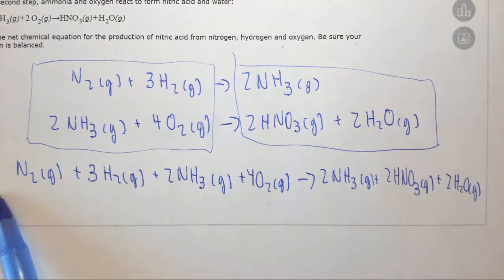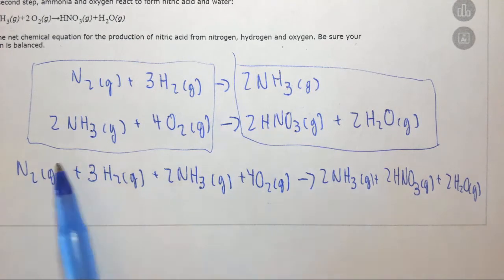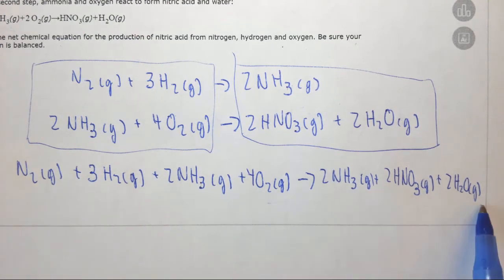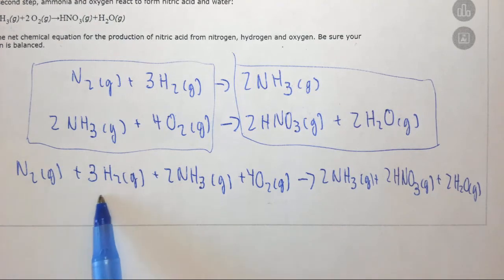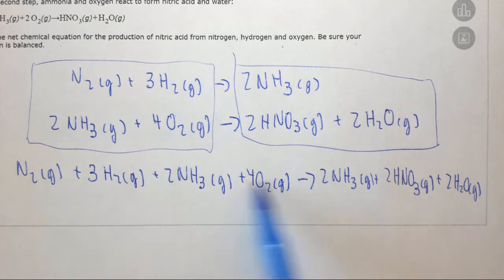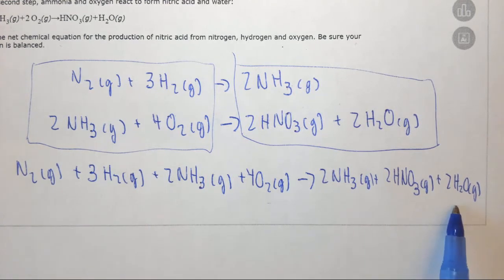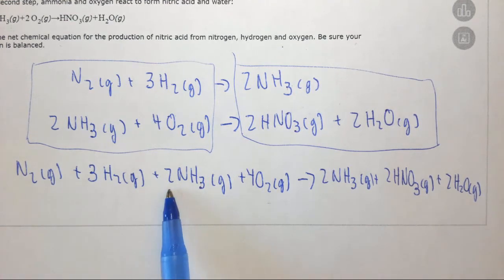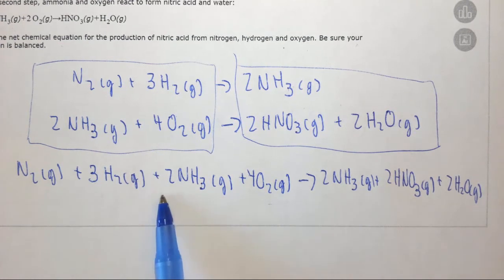Now I cancel out anything that has not changed. So if you look here, there's N2 on the reactant side, but no N2 on the product side, so don't cancel it out. There's 3 hydrogens on the reactant side here, no hydrogens on the product side. 2 ammonias on the reactant side, 2 ammonias on the product side.